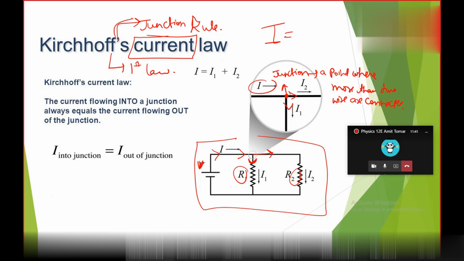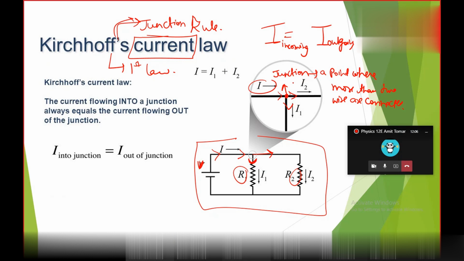So Kirchhoff junction rule means at a particular junction, the total incoming current will be equal to the total outgoing current from that particular junction.